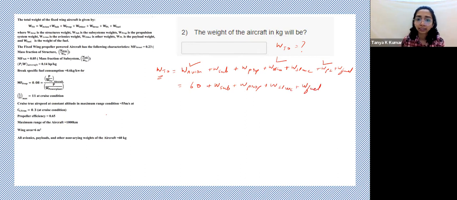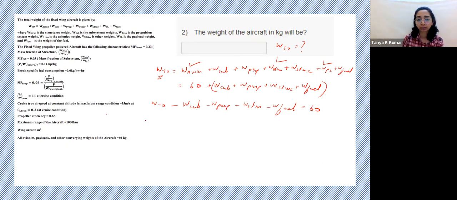Now what I do, I just take this entire term on this side. So you have takeoff weight minus this entire term, that is subsystem, propeller, structure, fuel, equal to 60. Now for all of these terms, we have their ratios with respect to takeoff weight.